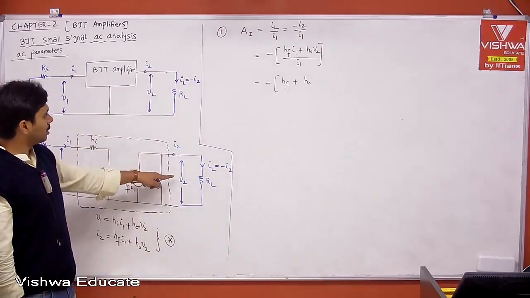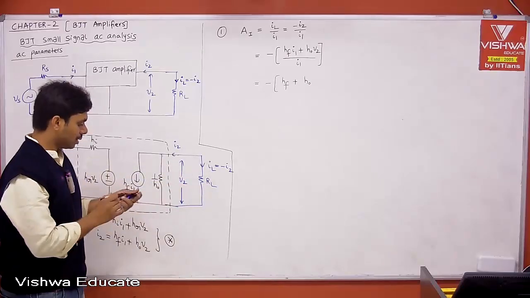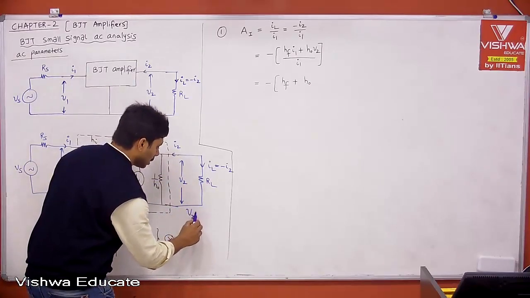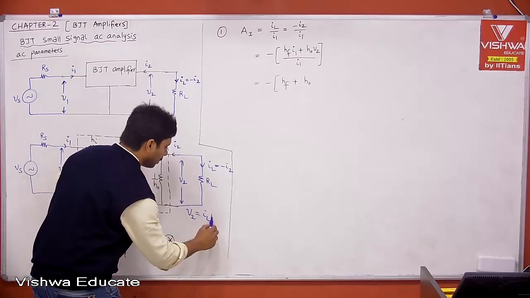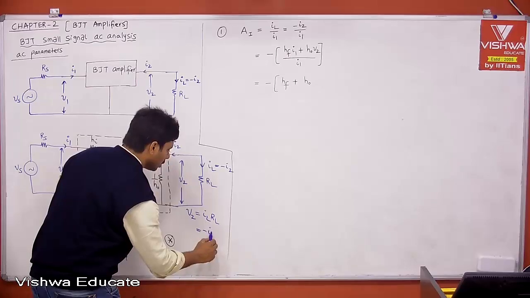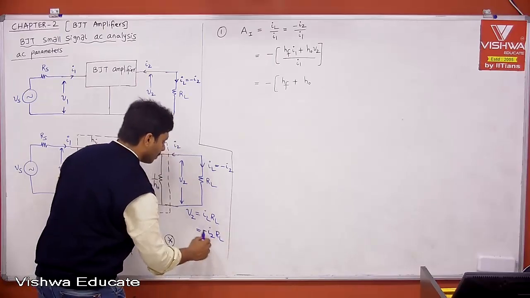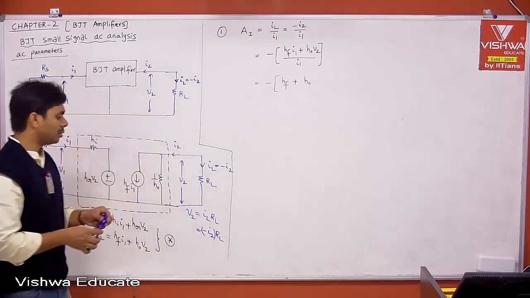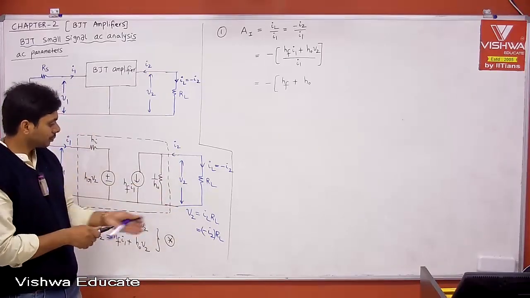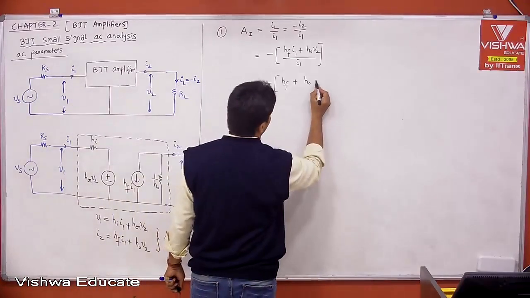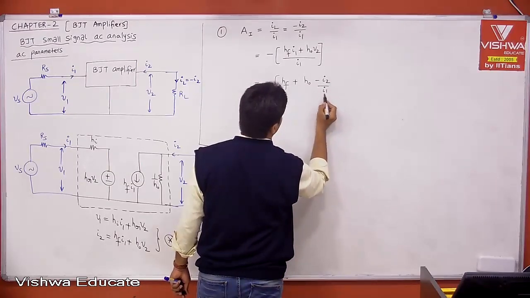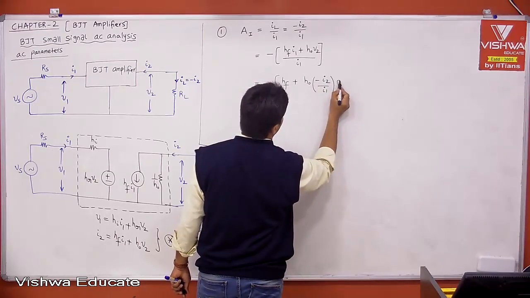Your V2 is nothing but IL into RL, and IL is nothing but minus I2. Therefore, V2 is minus I2 into RL. Can I replace V2 with I2? Yes, using KVL or Ohm's law. Therefore, V2 is nothing but minus I2 divided by I1 into RL.